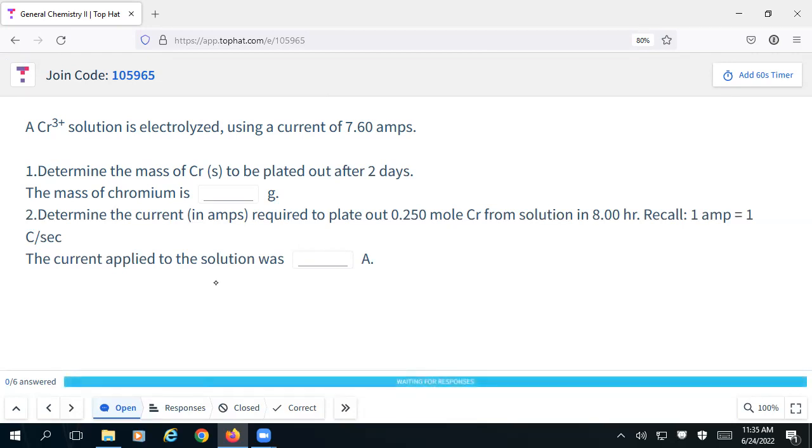And then the second problem is, what is the current that we would need if we were going to plate out a 1/4 mole of chromium from solution in a period of 8 hours? So 2 different problems, but they should be solved in relatively the same manner, at least with the same calculation technique. So go ahead and chew on those, and we'll come back in a few minutes and see how we did.